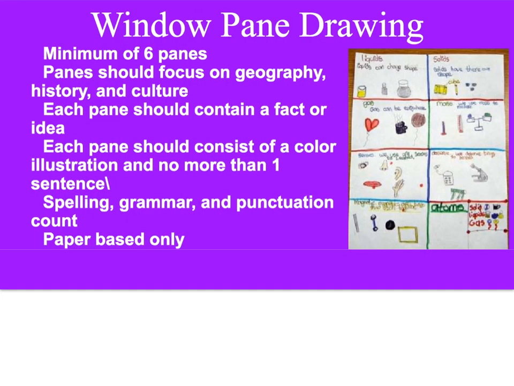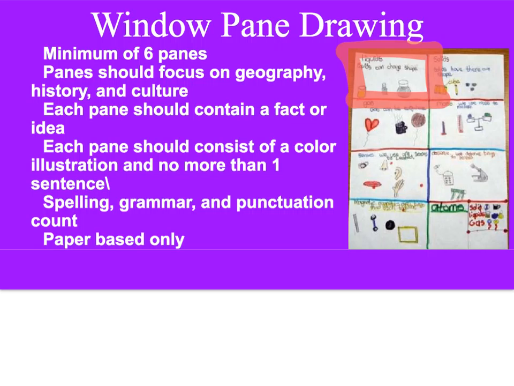Alright, a window pane drawing. I put an image here to give you an example of that because a lot of people aren't very familiar with it. Of course, I expect yours to be a little higher in quality. This is from an elementary student. You will have to have a minimum of 6 panes. Each square that you see is considered a pane. So each little square is a pane. A pane should focus on geography, history, and culture.